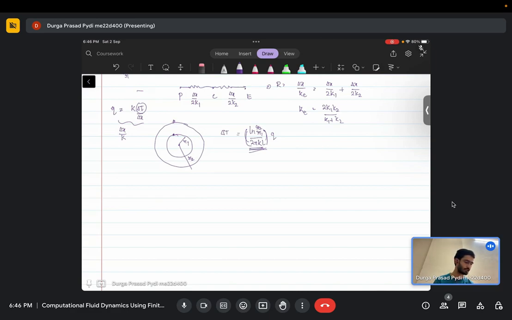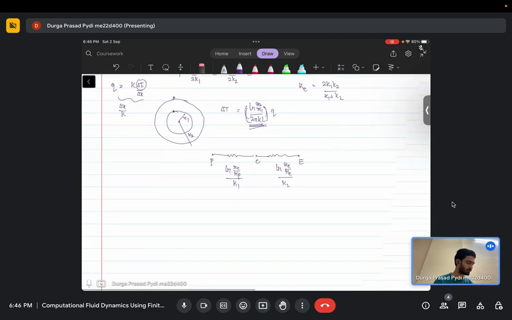Now we are dealing with a cylindrical coordinate system. If you consider the points, here you have a resistance which is not delta X by 2K, but instead you have ln of R east by Rp by K1, removing the constants, and on the other side you have ln R capital E by R little e by K2.